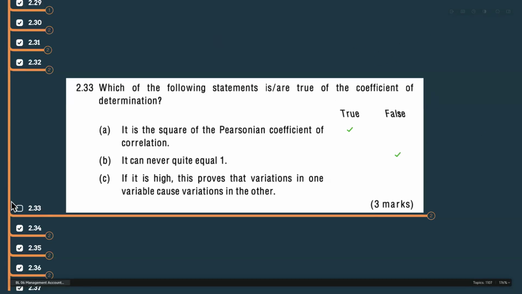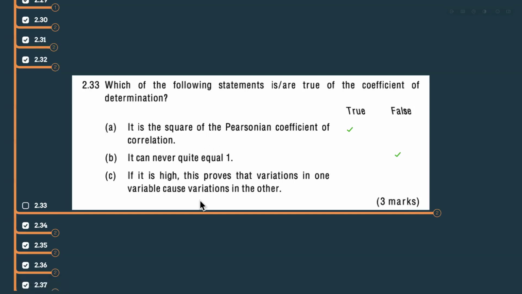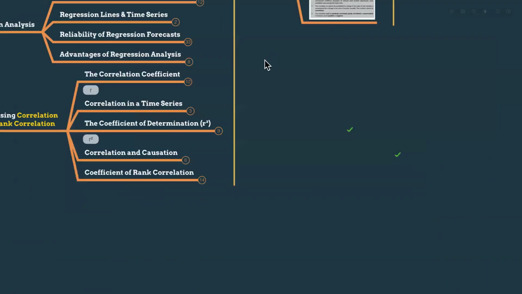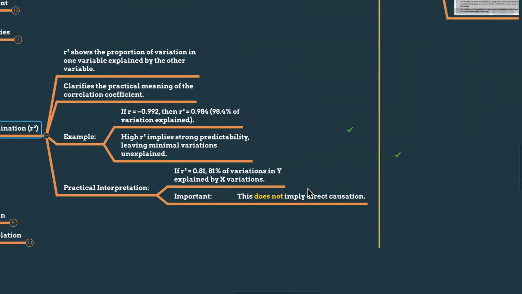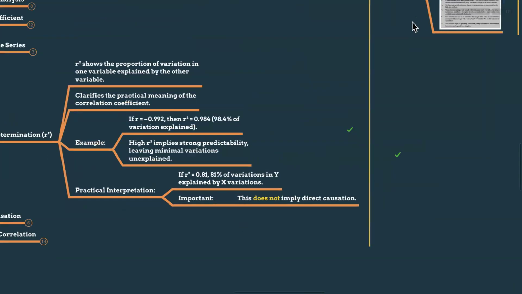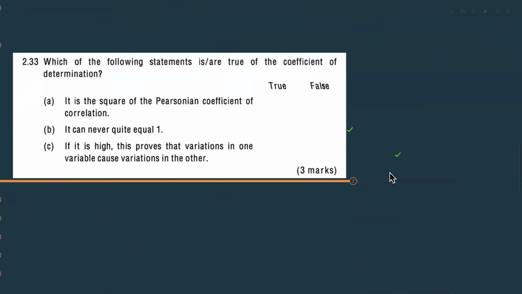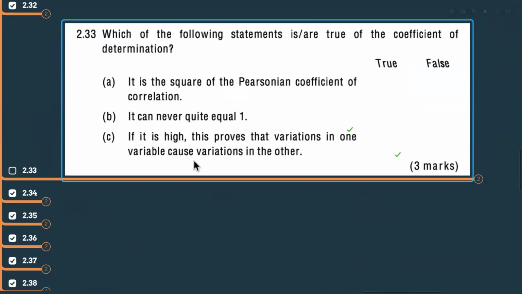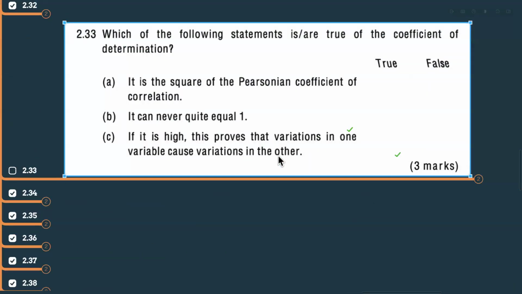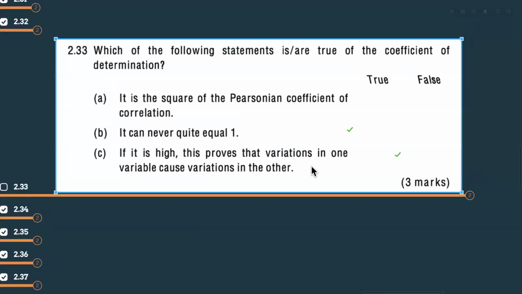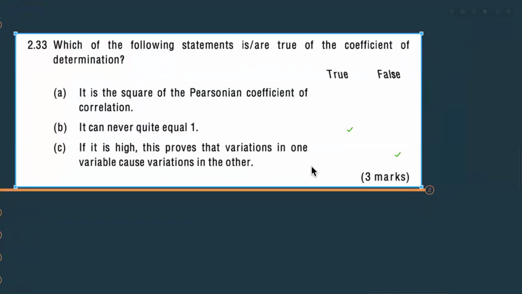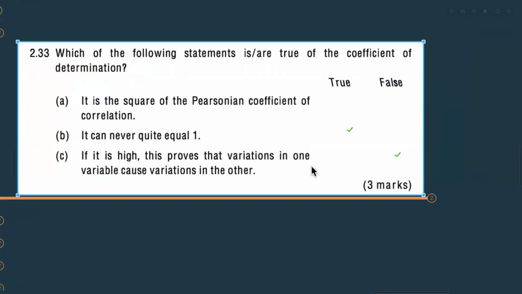Can you remember that point, guys? I told you already, there is no direct causation in the coefficient of determination. This doesn't imply direct causation, so we cannot say one variable's variations cause variations in the other because R2 is high. So there is no direct causation, and the statement is false.